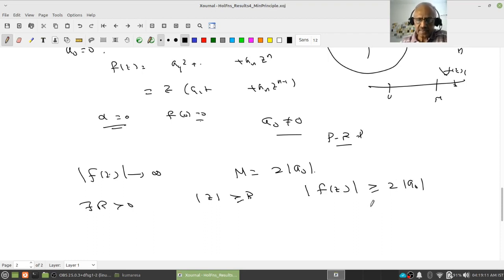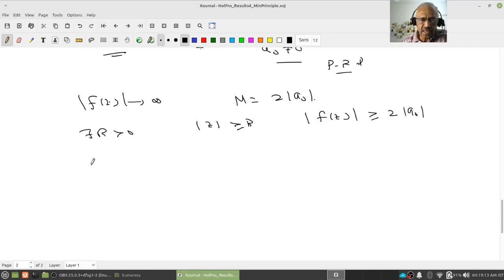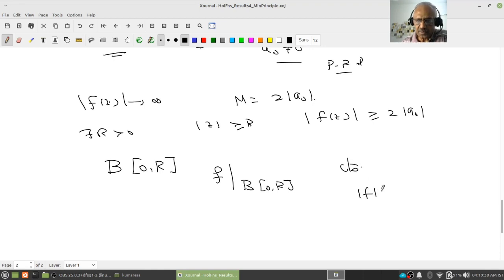Now let us look at the compact set, the closed ball B(0, R). Let me restrict my f to this compact set. Then f is continuous, and hence mod f is continuous.